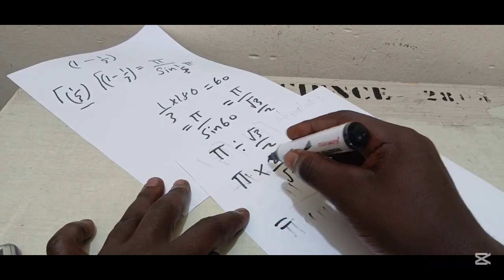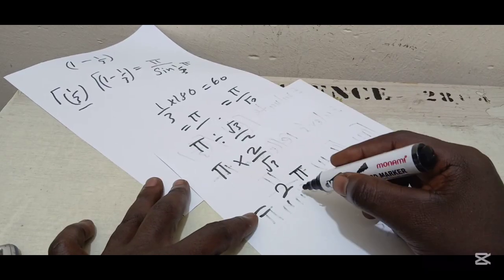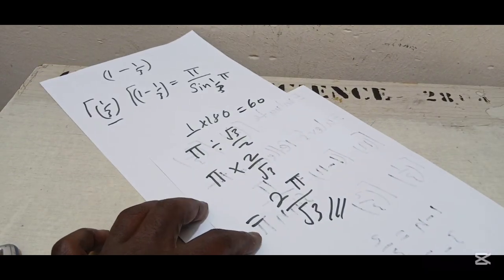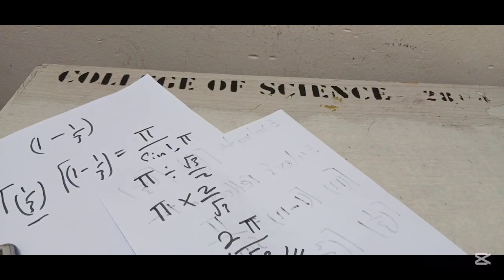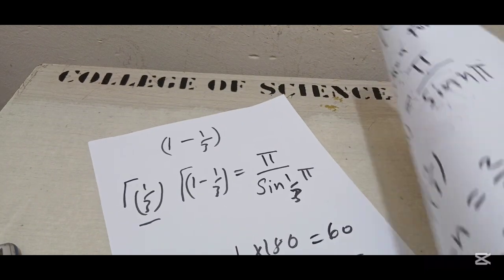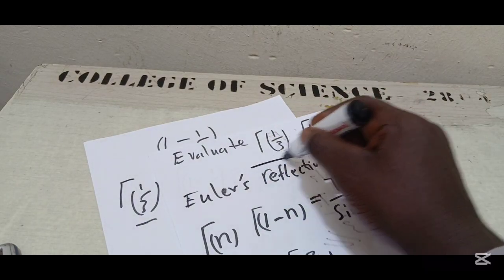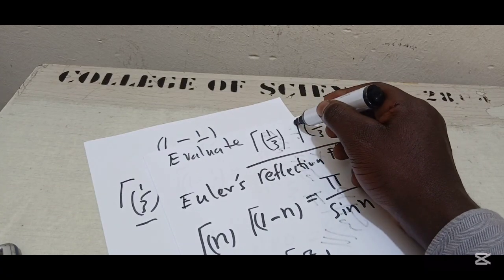And this is going to give us pi multiplied by 2, which is 2 pi all on root 3. So this is our final answer. So I hope that makes sense. So keep it in your mind. If you have problems like this, let your mind go to Euler reflection formula. Look at how the problem is.